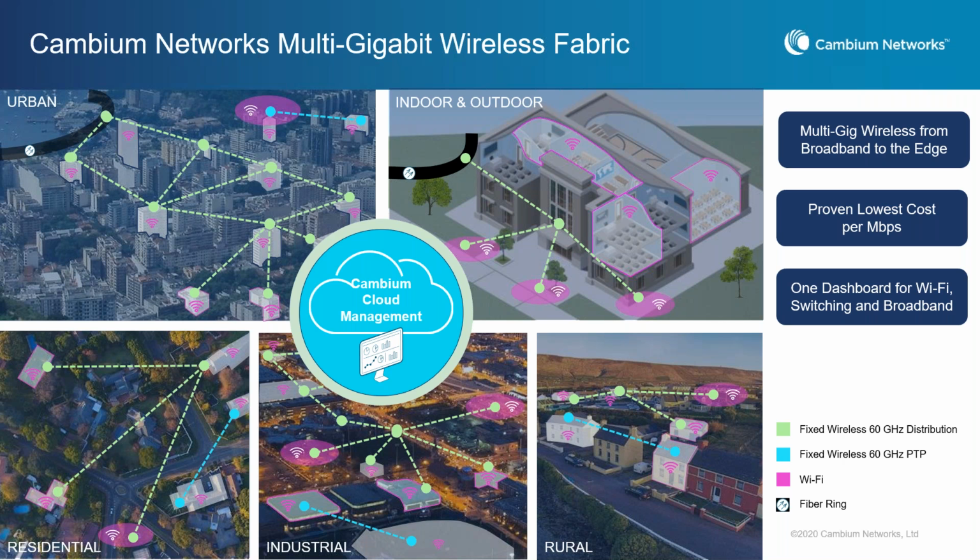We can also use it to provide backhaul for outdoor Wi-Fi coverage in the city. Some municipalities, when they offer Wi-Fi, need a backhaul, and 60 GHz could be that backhaul. We also see this moving to deployment in the suburban market and the rural market.